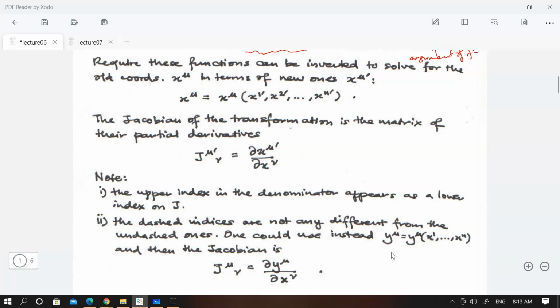So here you have μ'. Remember our index summation convention. We have the idea of free indices. Free indices are preserved.